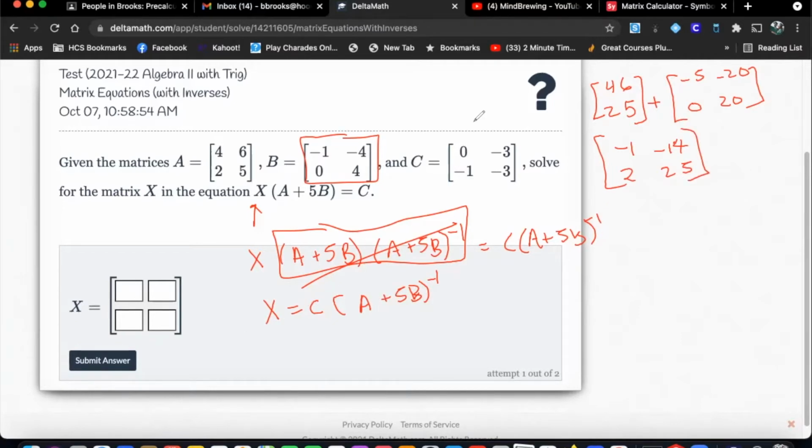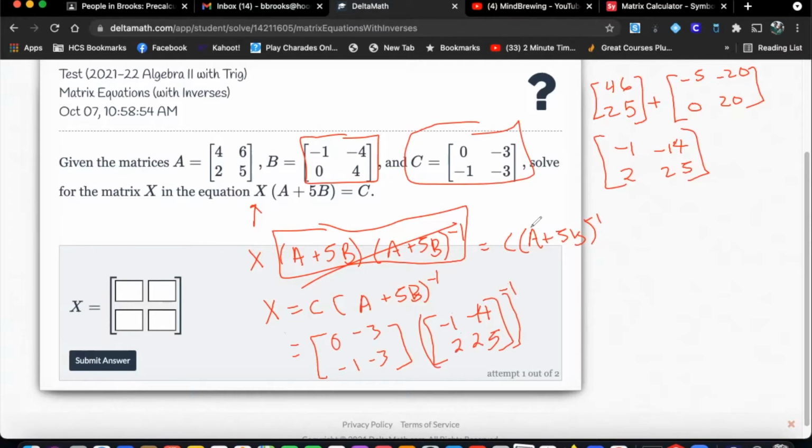And we know c is this matrix here. So basically what we will have is 0, negative 3, negative 1, negative 3 times this, negative 1, negative 14, 2, 25, but this inverted.